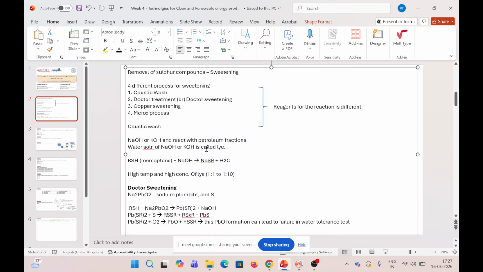Then comes copper sweetening. So as the word suggests, you are going to use some sort of copper compounds for the extraction of sulfur from the petroleum fractions. Basically here we are going to use copper chloride, CuCl2 or CuCl.